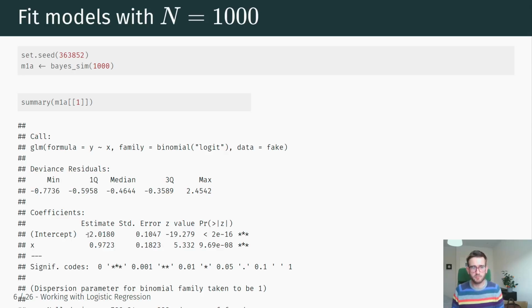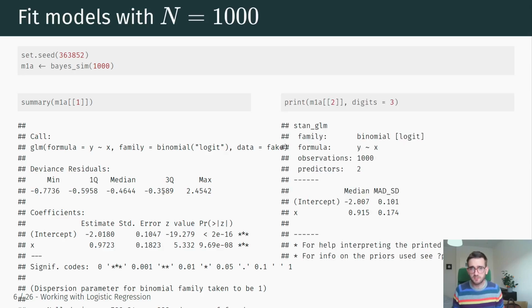For our intercept, we have minus 2.08, and for our slope, we have 0.97. That's pretty close to the 0.8 value that we set in the true data generating process. So that looks pretty good. Our results are pretty consistent and also fairly precise. The standard errors here are 0.1 and 0.18.